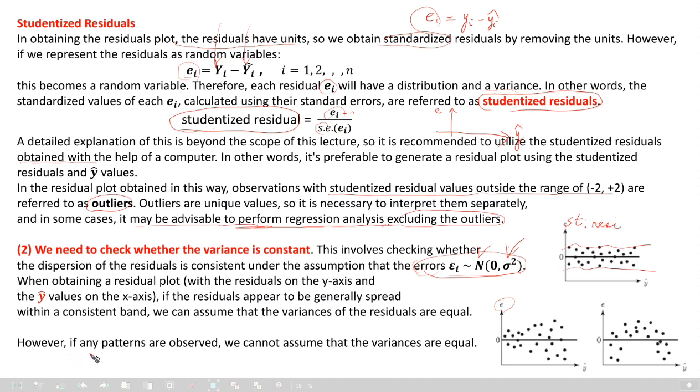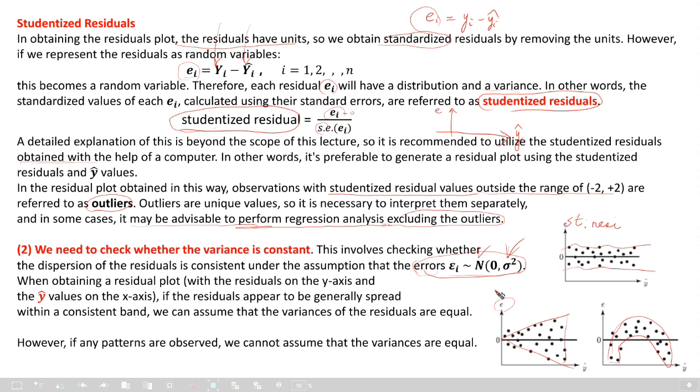However, if any patterns are observed, we cannot assume that the variances are equal. Something like this pattern, something like this one. What is it? This one, parabolic. Okay? Then your constant variance assumption does not hold.